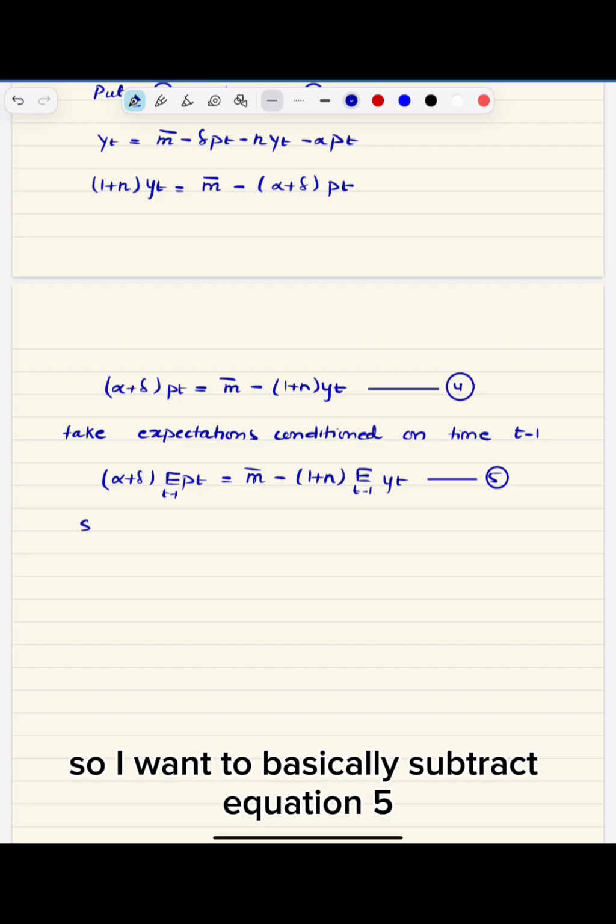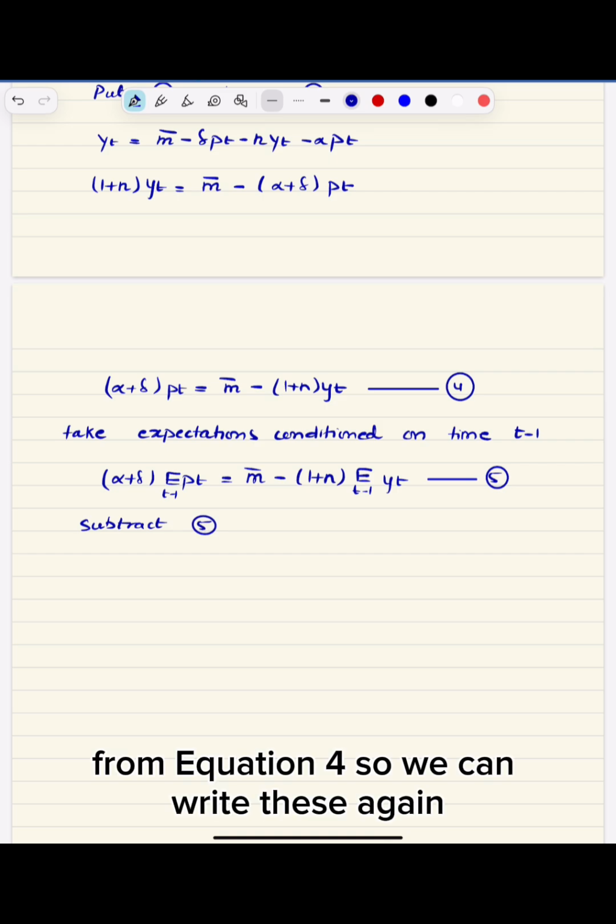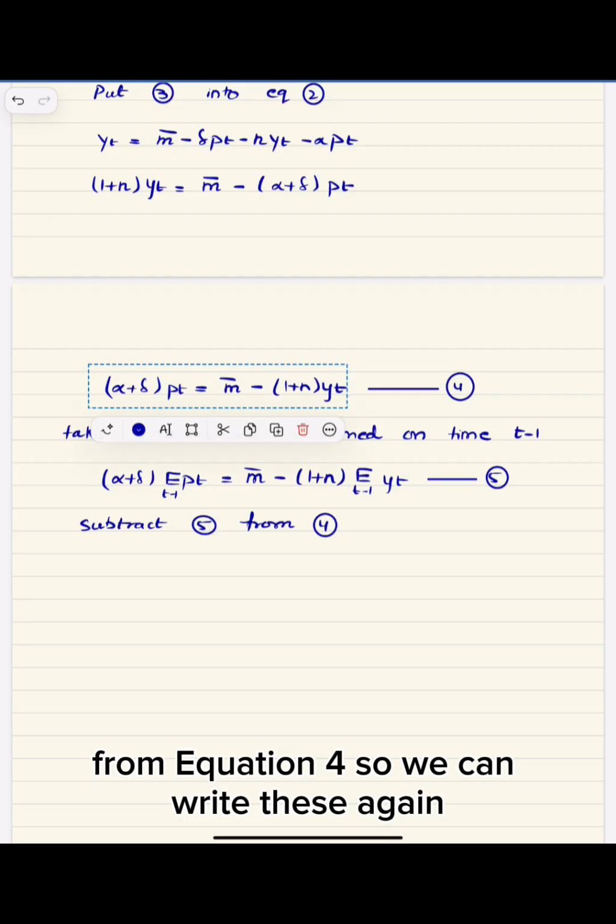So I want to basically subtract equation 5 from equation 4. So we can write these again.